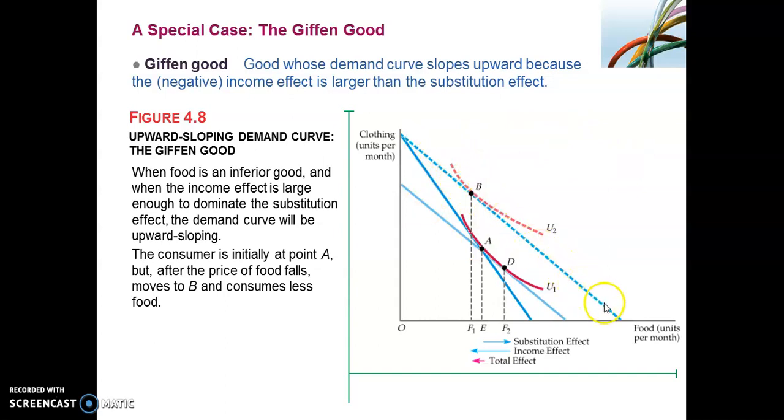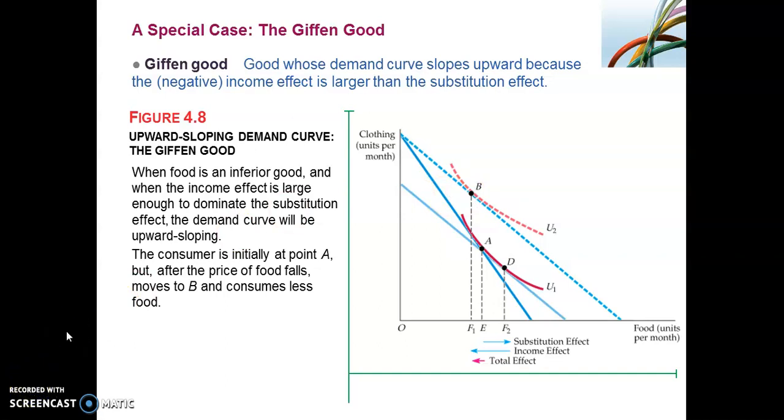When the price of food falls, it pivots outward. And we will see that the total effect as a result of the price of food falling, given that this case is a Giffen good, is a movement from point A to point B. And that is vastly different to the other two cases that we previously saw.